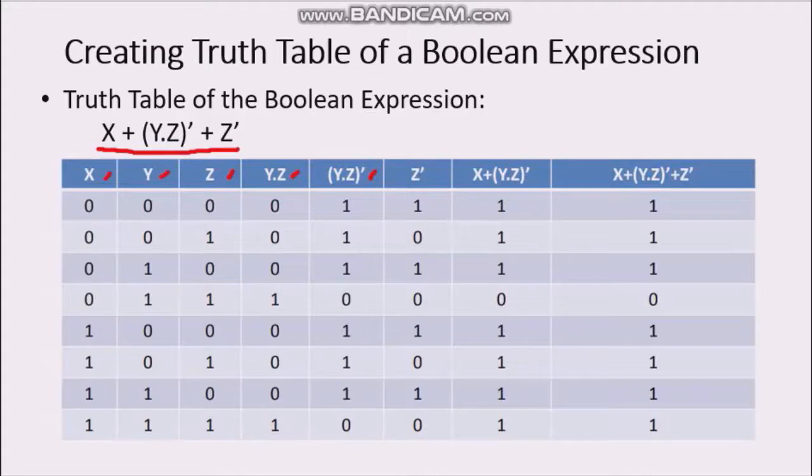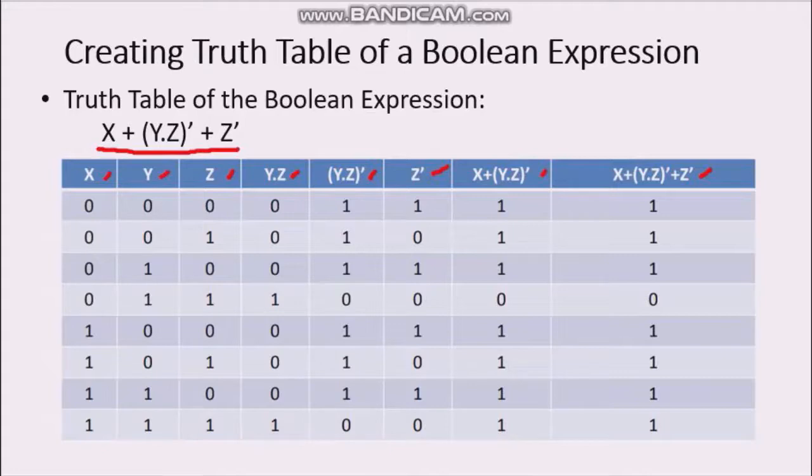Then you need z bar also. You need x plus y dot z bar, and then the final expression will be this. For this also you make one column, right?